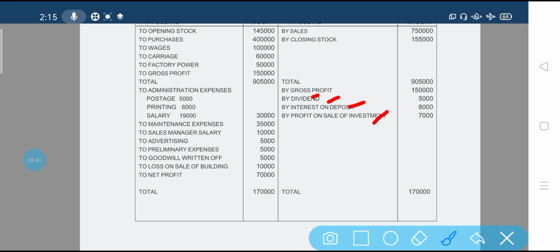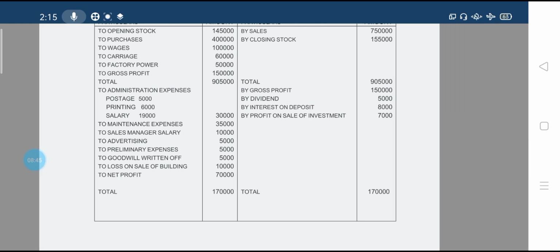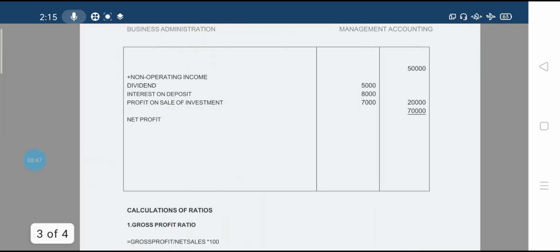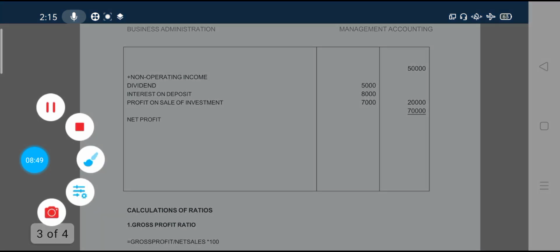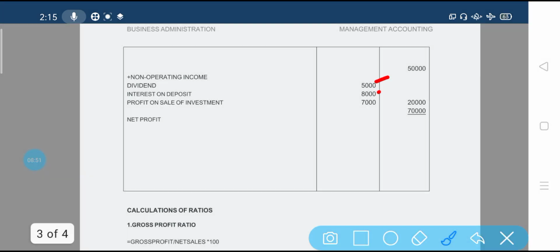These are all the non-operating income. One, two, three, 5,000, 8,000, 7,000, total 20,000. So if we deduct this, we will get net profit of rupees 70,000.